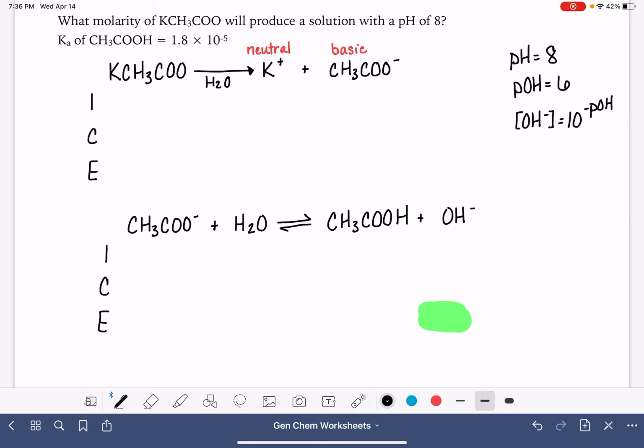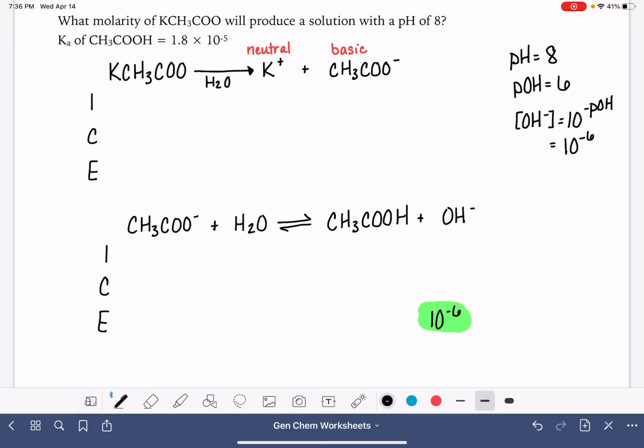The OH- is 10 to the negative pOH, which for us is 10 to the negative 6. And again, this hydroxide concentration is what we are ending with when all of this reaction is completely done. So I'm going to fill that in, and I'm going to leave it in the 10 to the negative 6 form, just to save space a little bit.